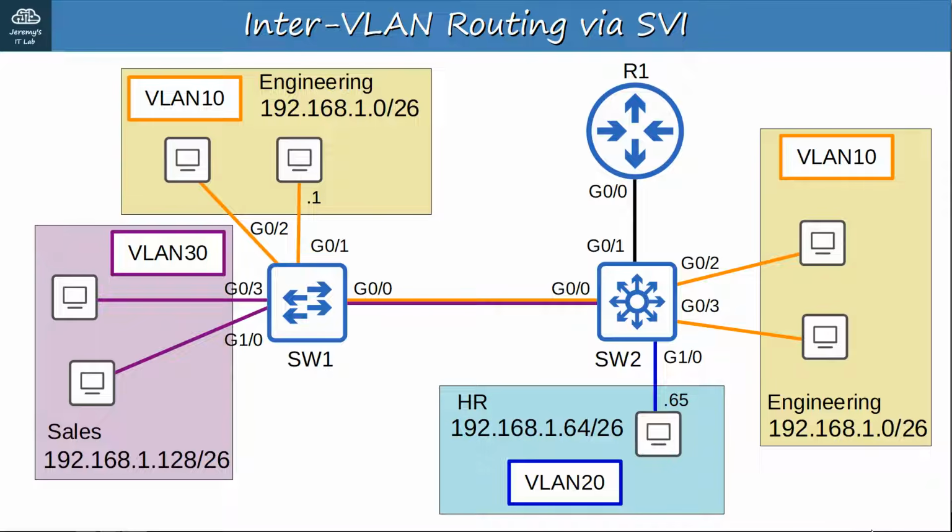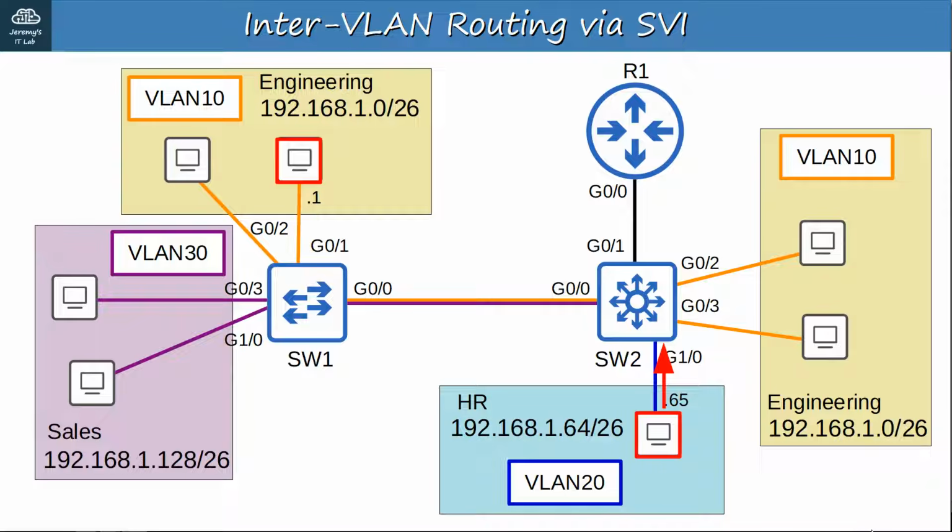For review, when we used router on a stick for inter-VLAN routing, traffic being routed between VLANs was sent to R1 first, and then sent back to switch 2, and then forwarded to the destination. For example, if this PC in VLAN 20 wants to ping this PC in VLAN 10, the traffic would follow a path like this.